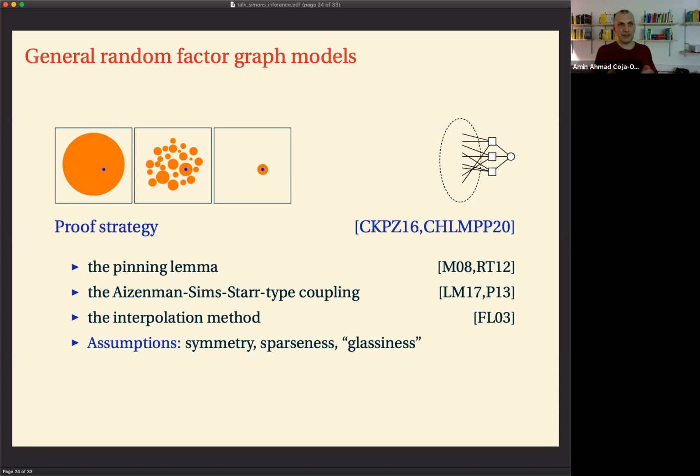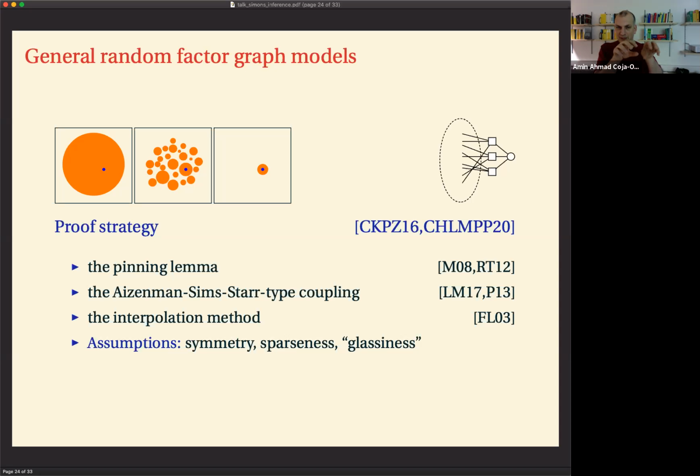This pinning trick is kind of a cute idea. And it doesn't work on inference problems alone. It actually works on any measure. So if you take any probability measure on, let's say, the Hamming cube {0,1}^n, and you draw a random configuration from it, and then from this random configuration you fix a bounded number of entries, and you fix these entries in your original model.